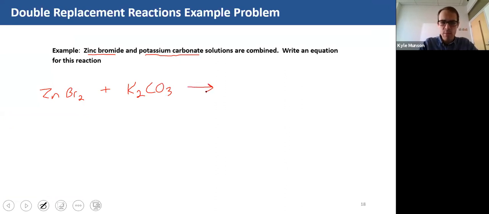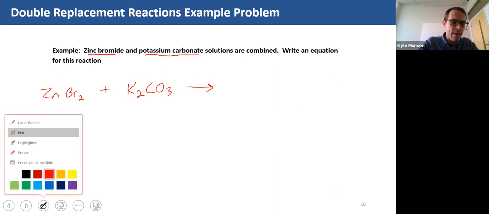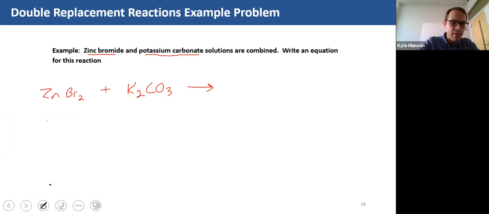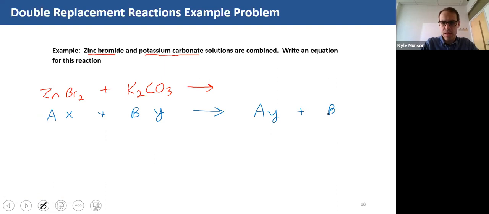Okay, and so we want to write out this reaction. All right, so let me write out what we have here. So AX plus BY gives me AY plus BX, okay? Where again, you could think about it, if I just get another color real quick.